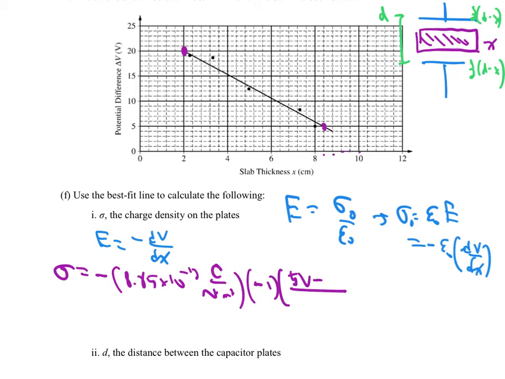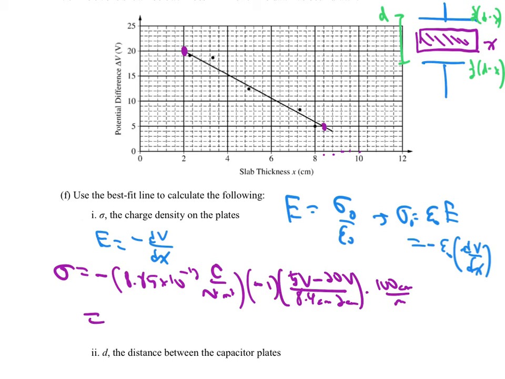So that's 8.4 centimeters, which I should keep in mind. And then the initial point looks to be 20 volts over 2 centimeters. And then there are 100 centimeters per meter to get a standard unit.